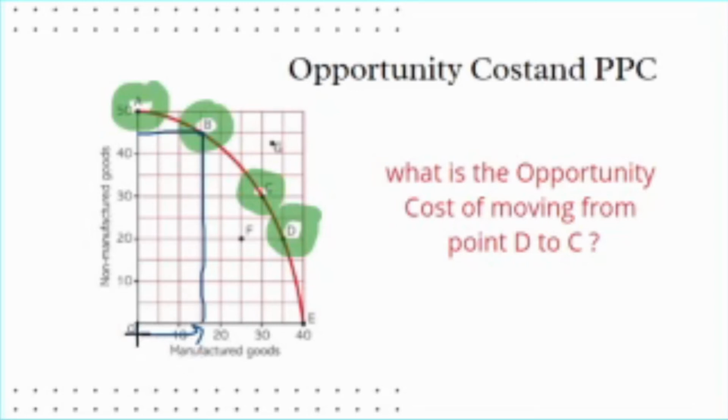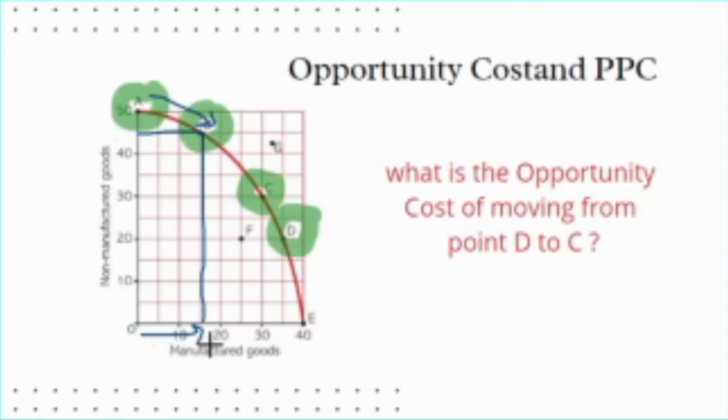When we are moving from 0 to 15, we need more resources. So from where did we get these resources? From non-manufactured goods. So we sacrifice 5 units of non-manufactured goods. Simply, if someone asks you, what is the opportunity cost of moving from point A to point B, that is decreasing non-manufactured goods by 5 units.